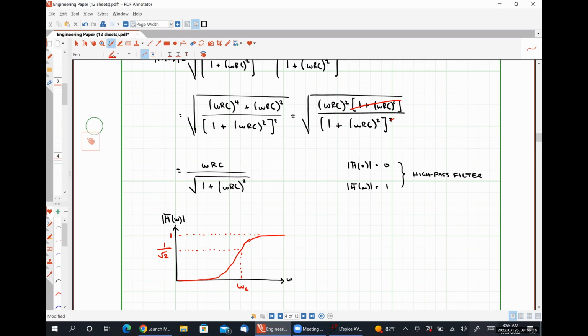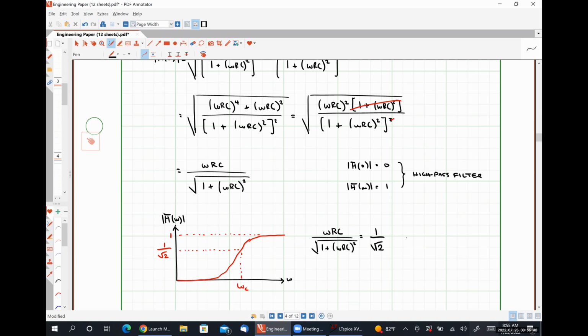So again, what we want is effectively omega RC divided by the square root of 1 plus omega RC squared to be equal to 1 over the square root of 2.